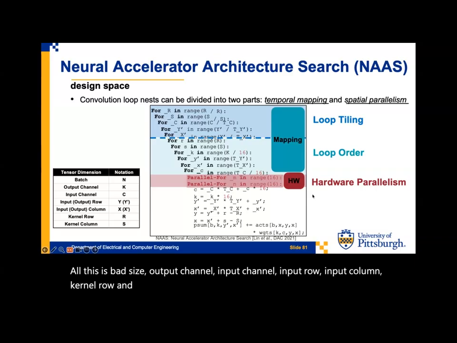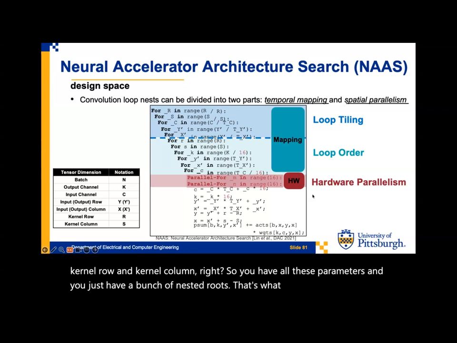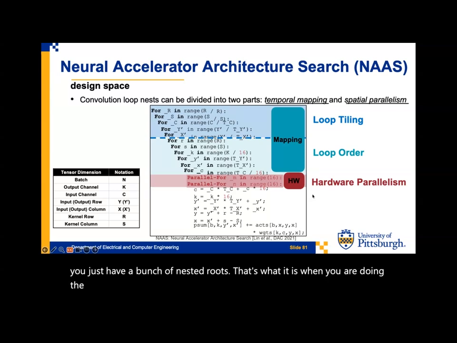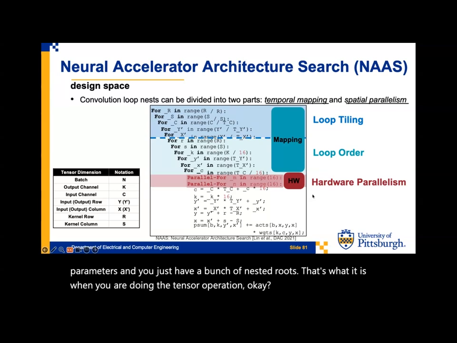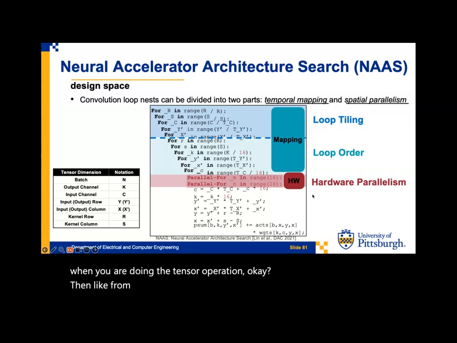You just have a bunch of nested loops. That's what it is when you are doing the tensor operation. Then from this lower level, what you really want to do is, for all these nested loops, decide which of the operations should be the ones put on the hardware.